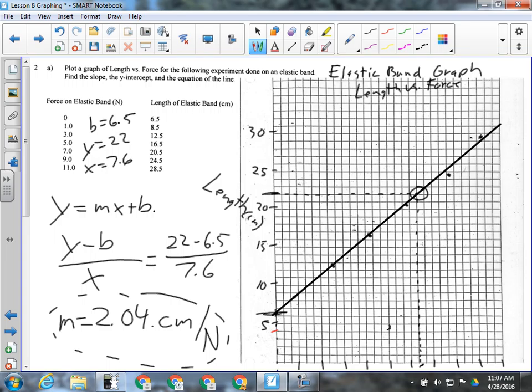I can't use my graph to find that number, but I can use the slope of my graph to calculate what it might be, as long as everything stayed linear, which for a rubber band, actually at a certain point it doesn't, but we'll say it does for this rubber band. Or I could calculate the force required to stretch the rubber band to 20. I can calculate any of those things now using the slope that I just calculated.